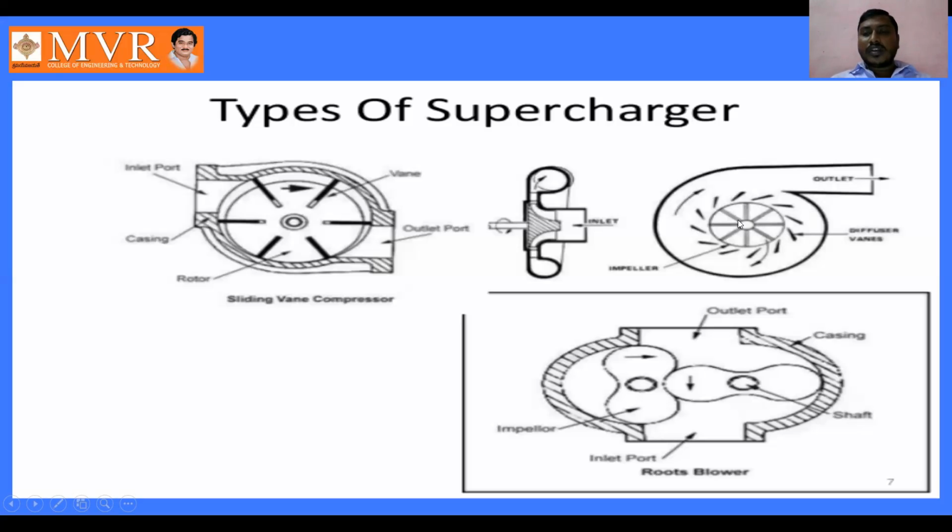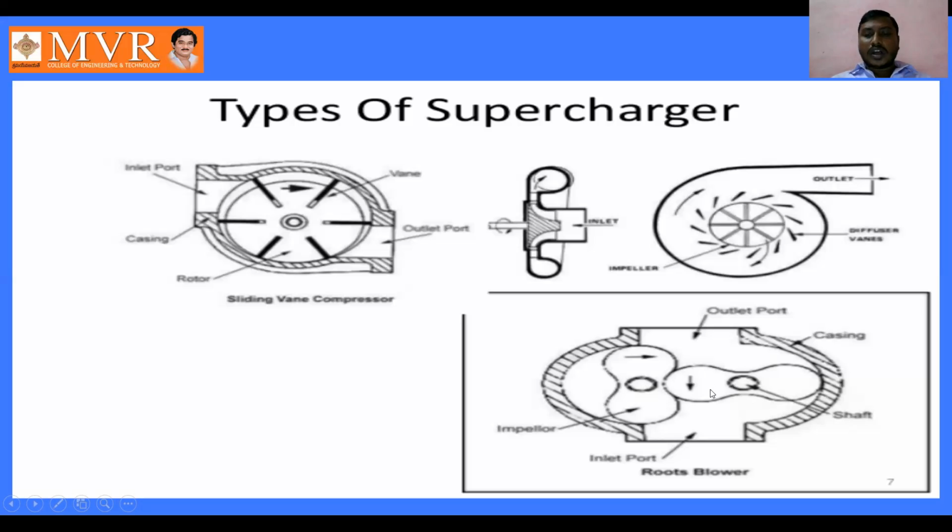Now we can observe the diagram of the roots blower. Here we have the inlet port. From the inlet port the air enters the roots blower, and by using these two shafts it rotates. The roots, which are impellers, rotate in the anti-clockwise direction, and this is the casing and these are the shafts.